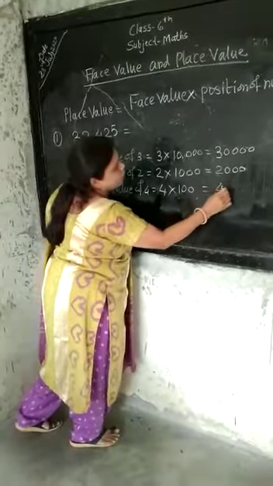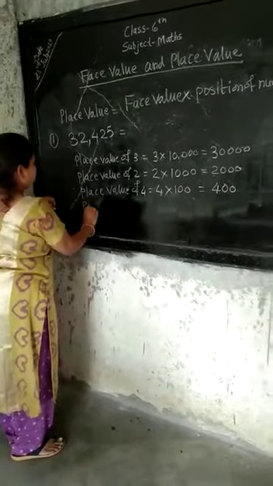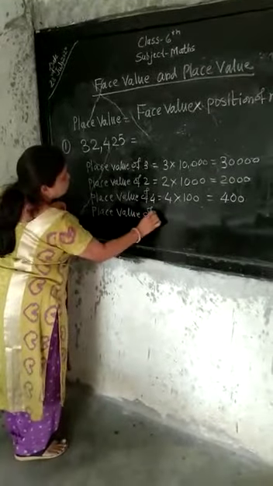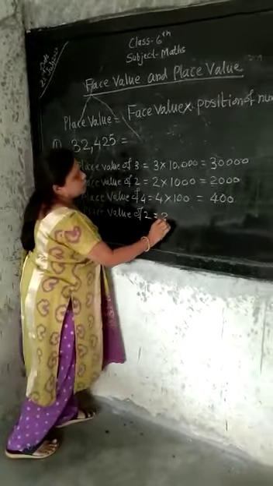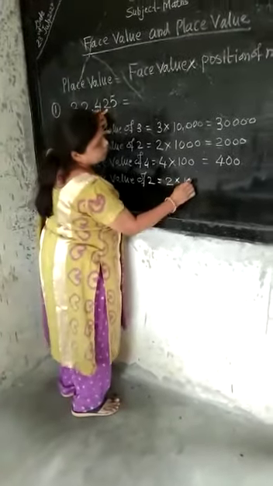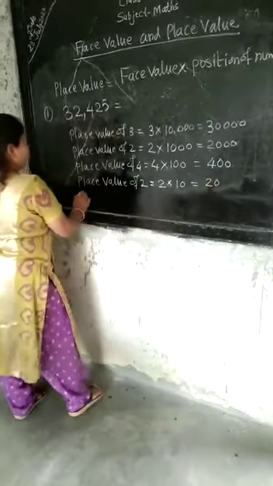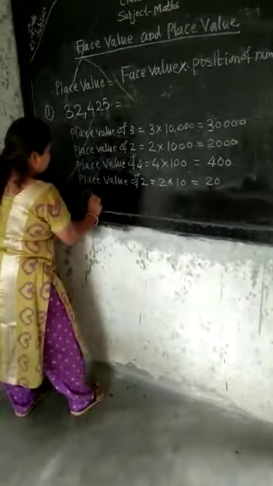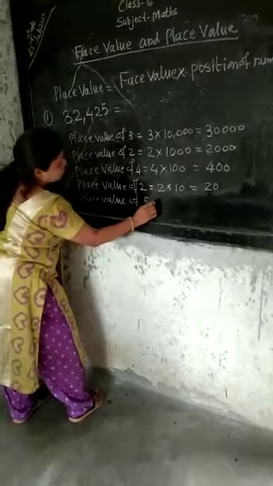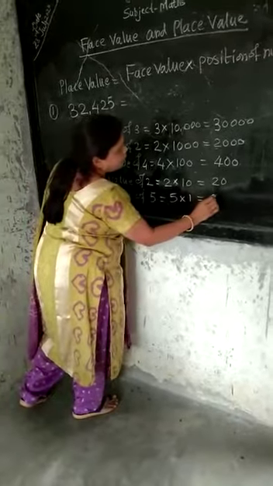That is 400. Now the place value of 2: the face value is 2 and its position is the tens place, so we multiply by 10, that is 20. What is the place value of 5? It is the ones place, so it is multiplied by 1, that is 5 ones are 5.